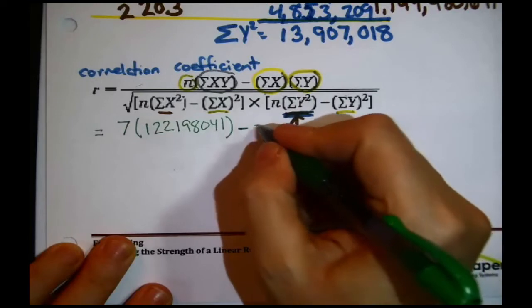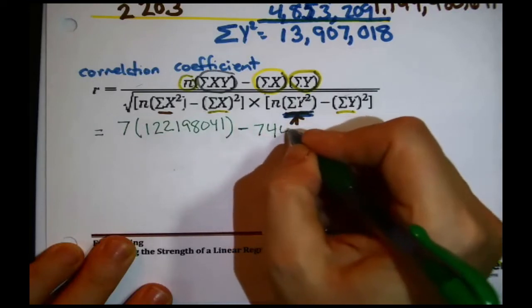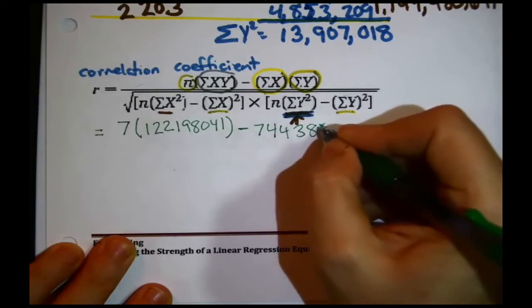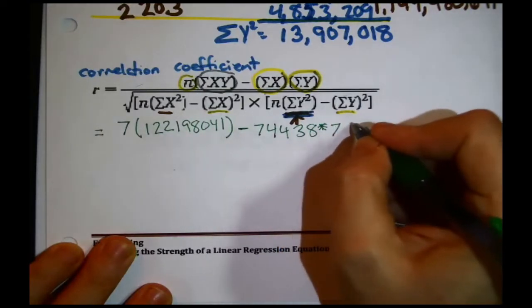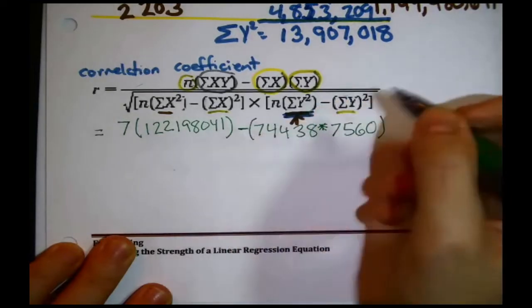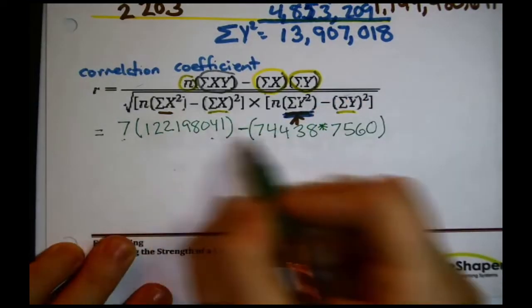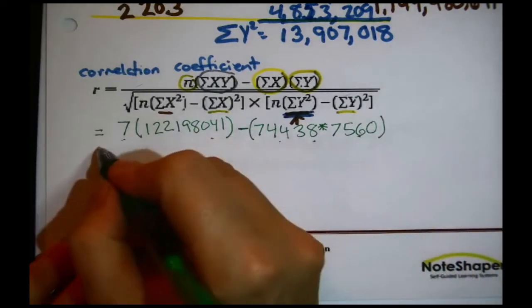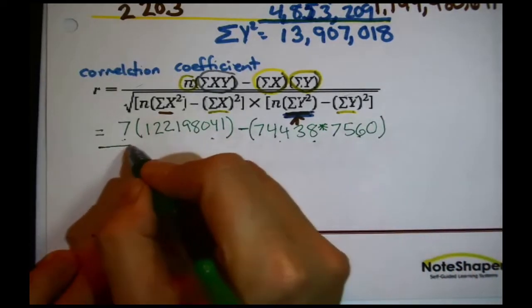The sum of x was 74438 times the sum of y was 7560. Okay, remember order of operations. Do that multiplication, do this multiplication, subtract this out of this.